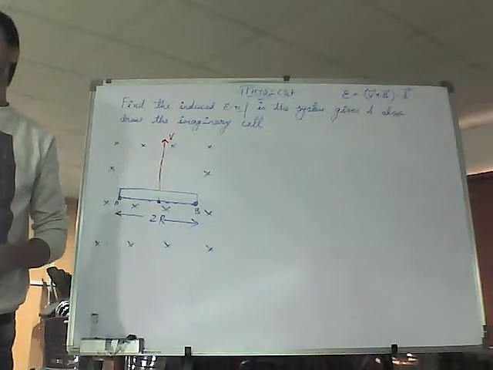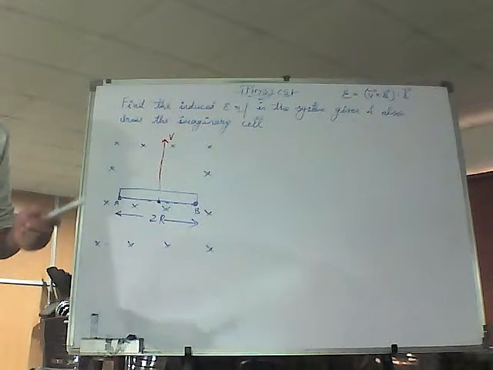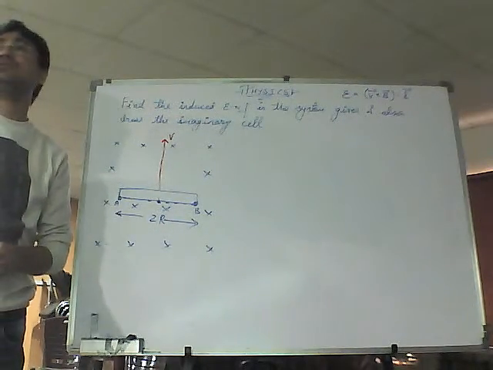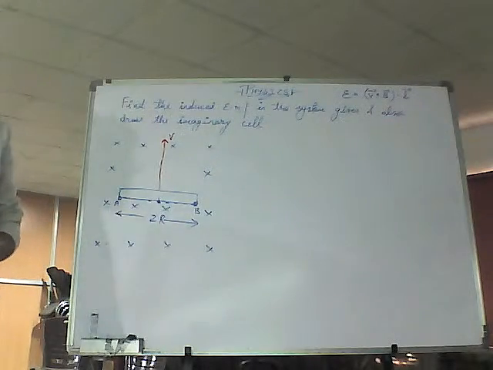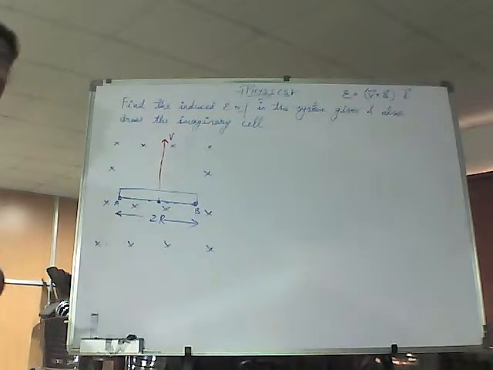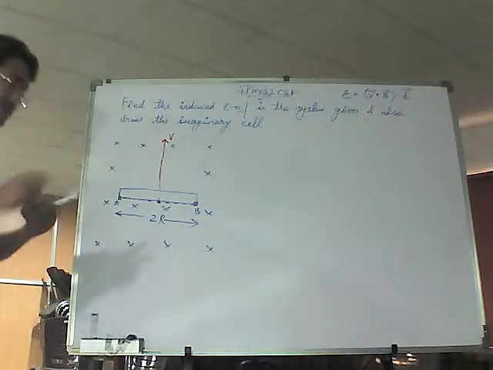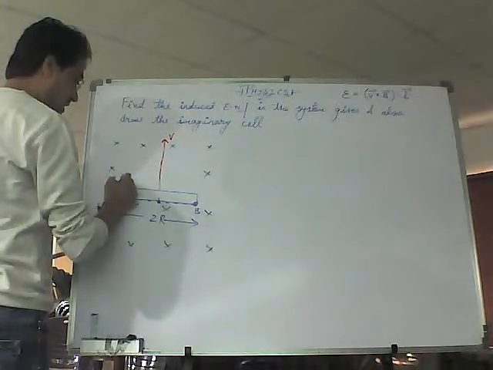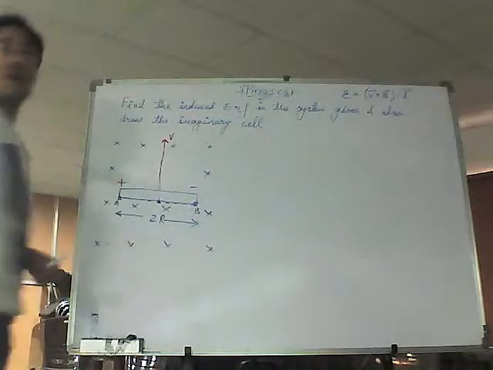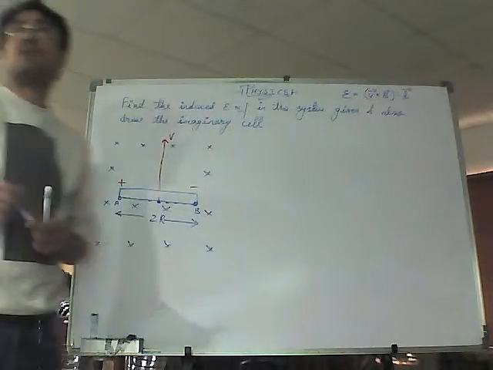Okay, so everybody comes up with E is equals to BV into 2R. That's the correct answer, and the positive part is terminal A. So V cross B direction ये आ रहा है, so of course we have terminal A as positive and terminal B as negative.